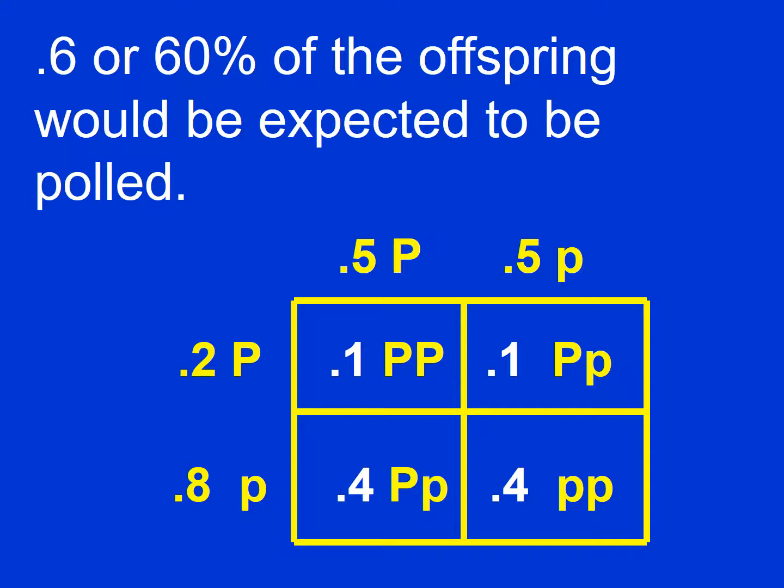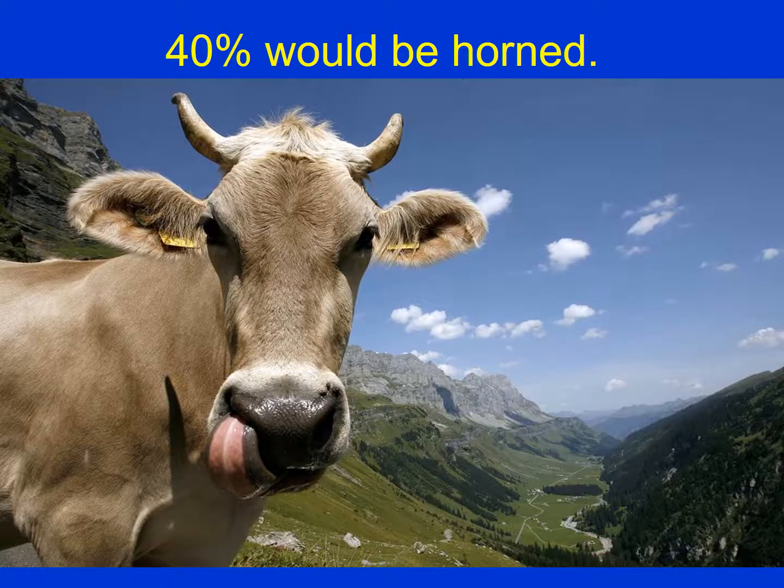So we've multiplied through here, and we'll find that these squares are going to be the polled animals. So 60% of the animals are going to be polled, and 40% of the animals would be expected to be horned.